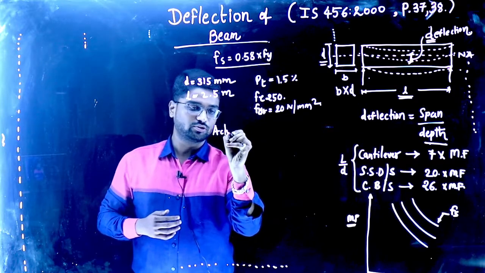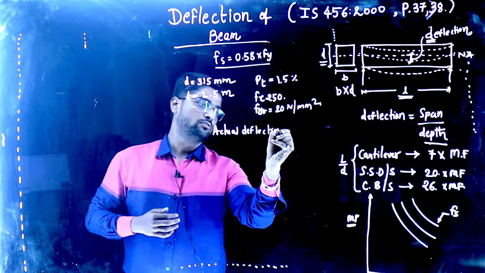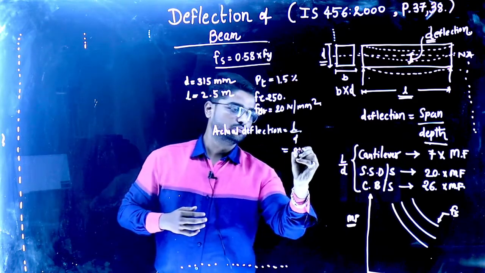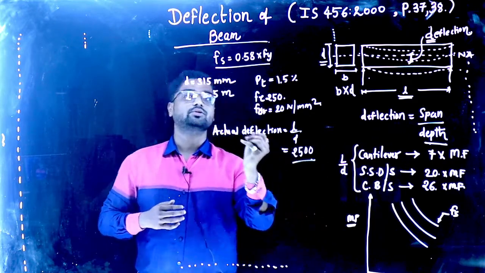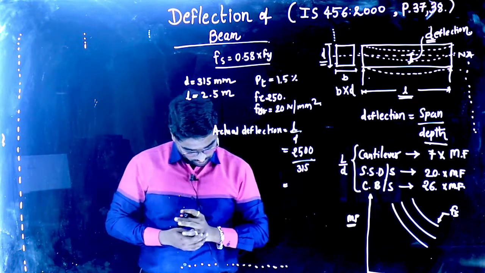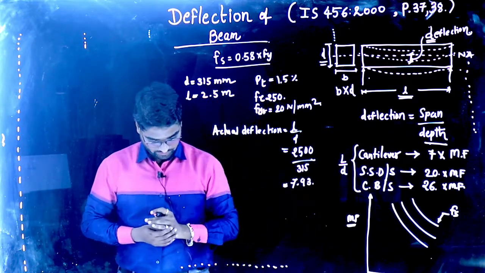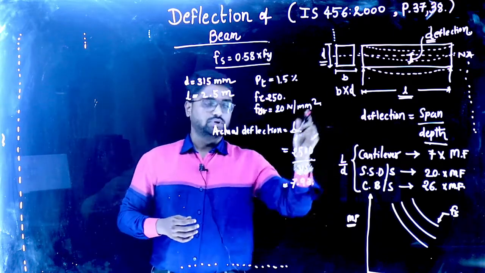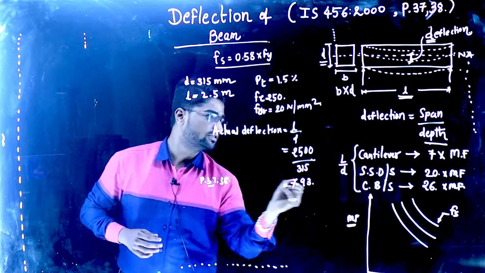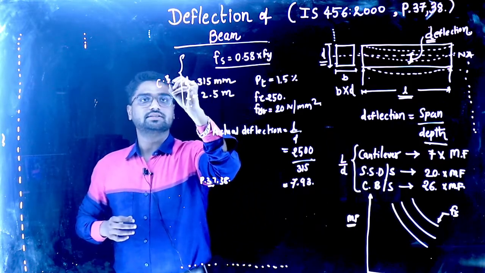That can be calculated as actual deflection L by D, where the span is 2.5, so 2500, and D is equal to 315. So according to that, actual deflection we have 7.93. On page number 37 and 38, on 37 these criteria are given, and according to our given data, this is a cantilever beam.